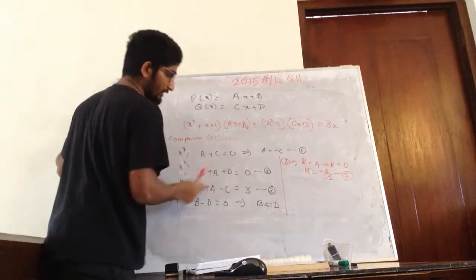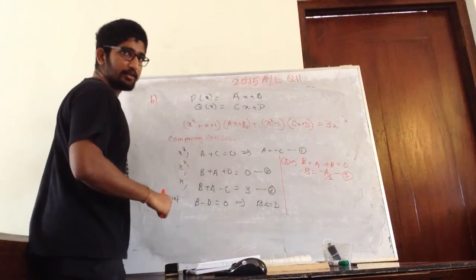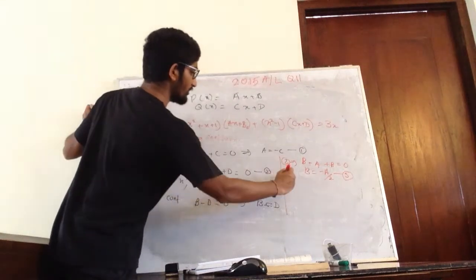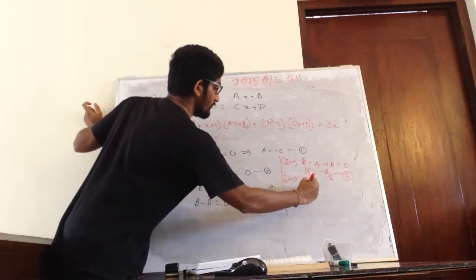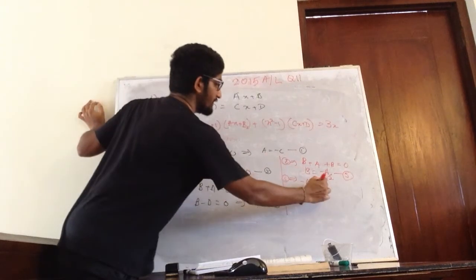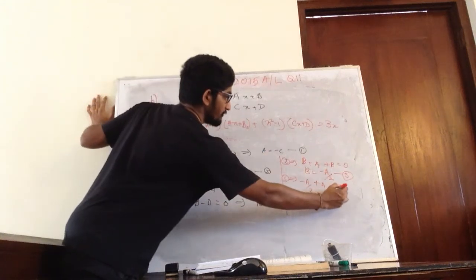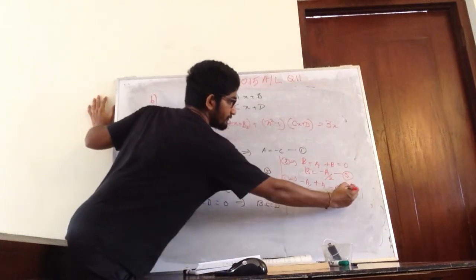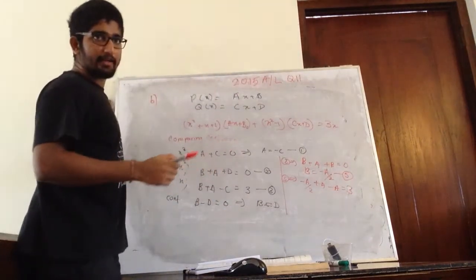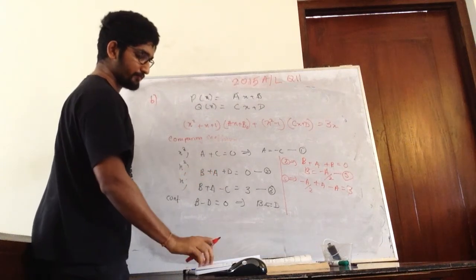Now I know B in terms of A, and C in terms of A, so I am going to find A. If I take equation 3, B is going to be minus A over 2 plus A, and minus C is going to be plus A, equal to 3.